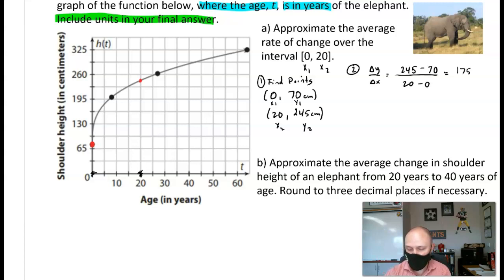You should receive 175 centimeters over 20 minus 0, that's 20 years, which is approximately 8.75 centimeters per year. There is our average rate of change over that interval.